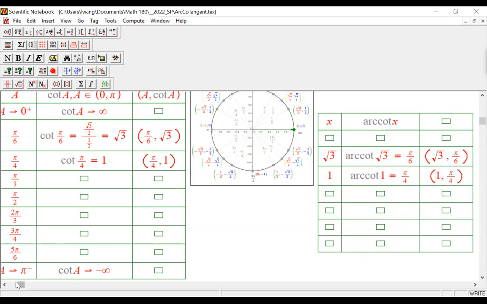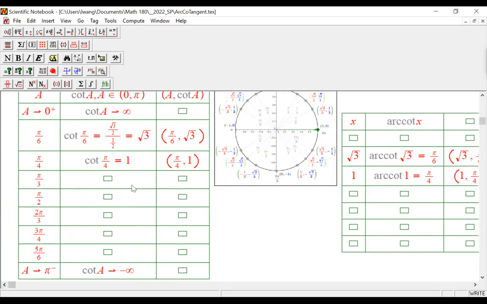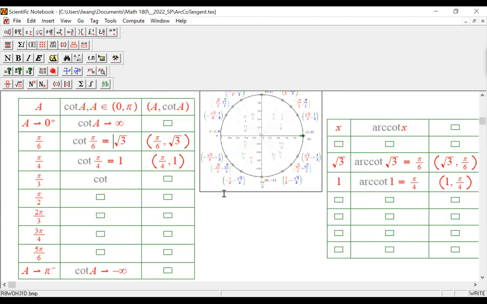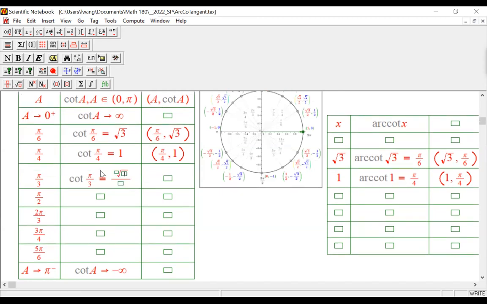So let's do this one by one, every one of you who's watching, okay? Cotangent of, so I'm going to remove this, so I have more space. So cotangent pi over 3. And the ratio is √3 over 3.